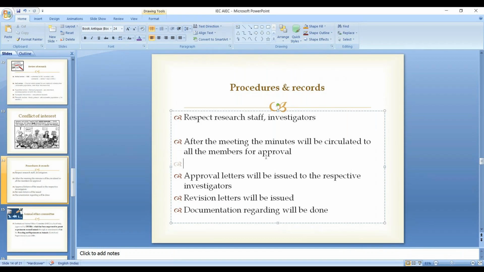They should be duly signed by the secretary, member secretary. Many times revision letters have to be issued. They will be issued and the documentation of all the things will be done. All these are the procedures, record keeping and documentation related to the ethics committee.